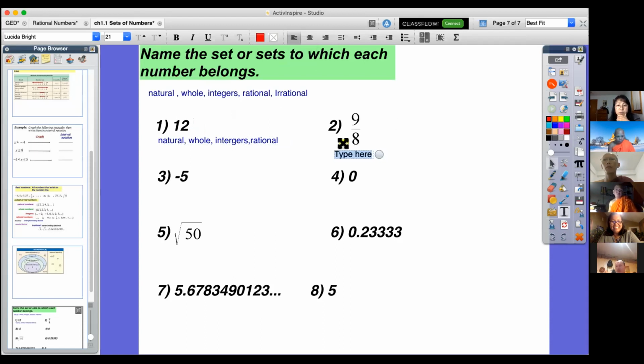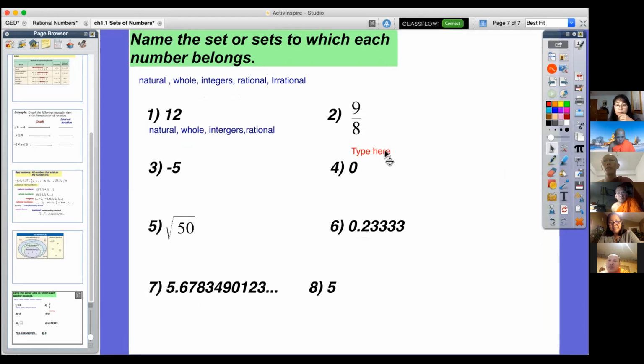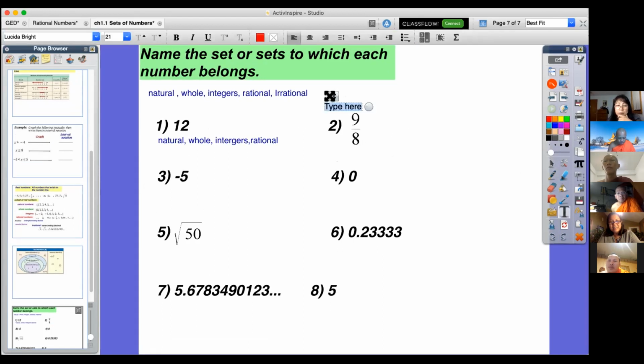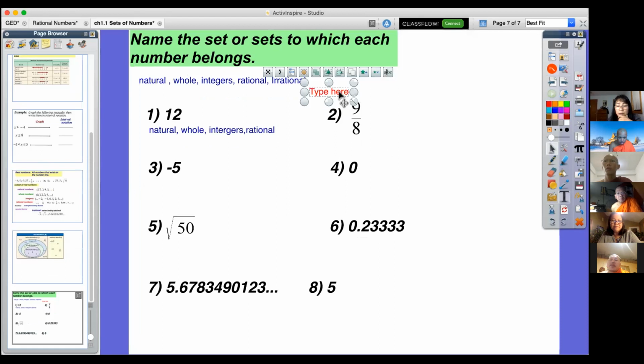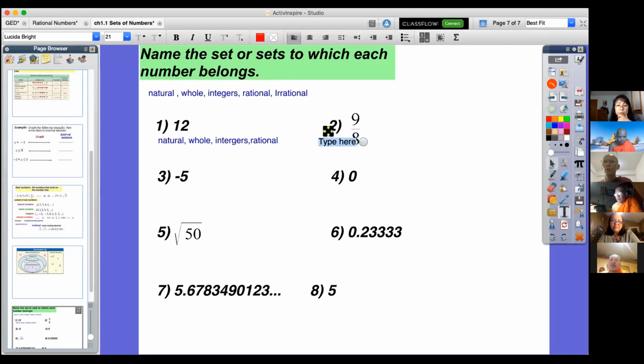Number 2. Is 9/8 a natural number? Yes or no? It's 1/8 more than 1, so a little bit bigger than 1. It's 9/8. Is 9/8 a natural number?